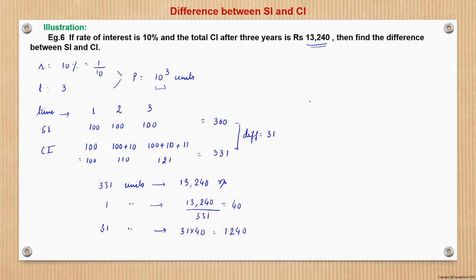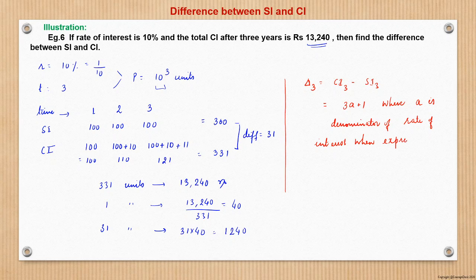From here we can again write a generic formula also: the difference between simple interest and compound interest after 3 years, that is delta 3, will be given by 3d plus 1, where d is the denominator in the 1 by d form of the rate of interest, right?